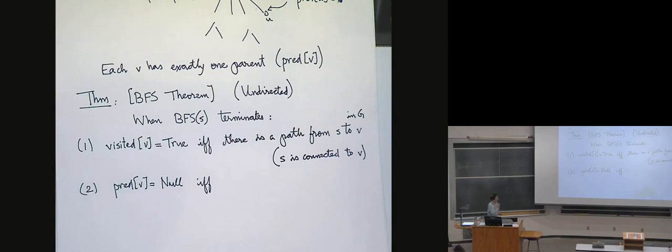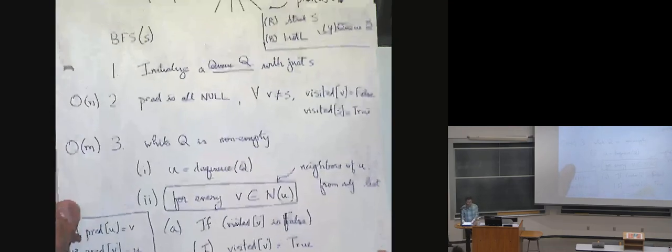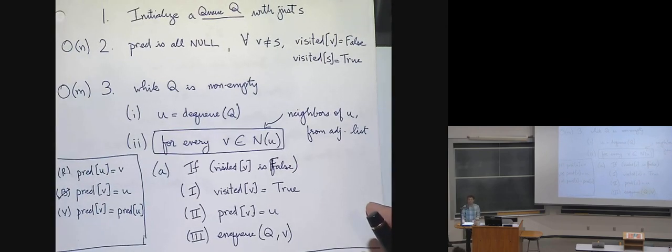Okay, good. You might not have discovered this exact path, but still visited V is going to be true because you would have visited by some other path. But it is not true until I visited. So it's just semantics. Let's clarify this. There is a distinction between what happens with BFS at an intermediate step and what happens when it terminates.